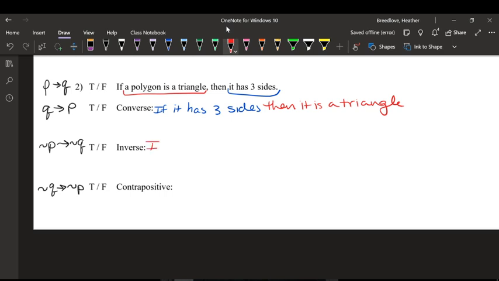That means if a polygon is not a triangle, then it does not have three sides.